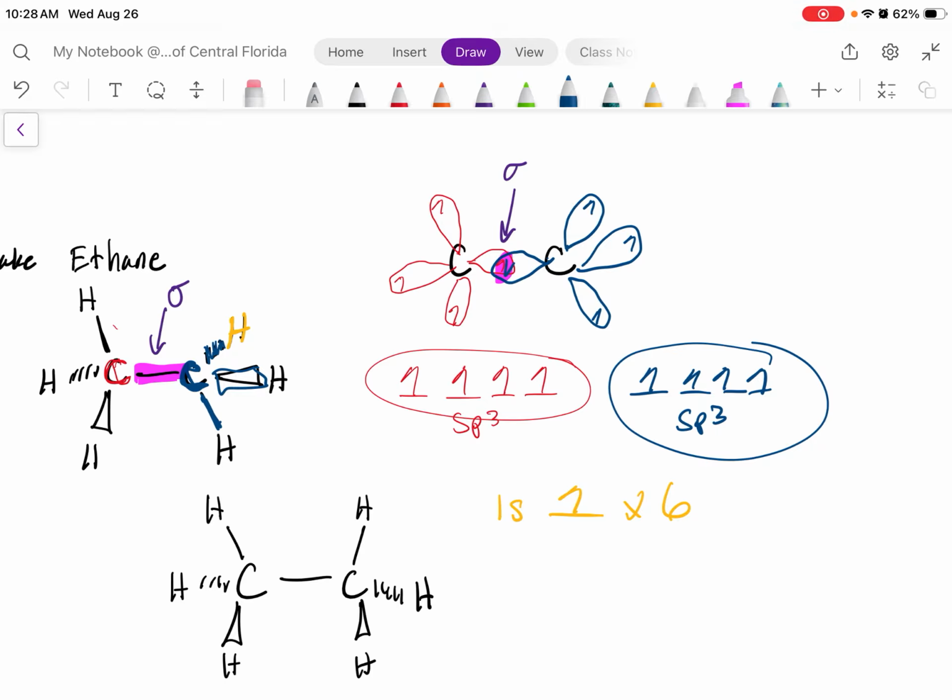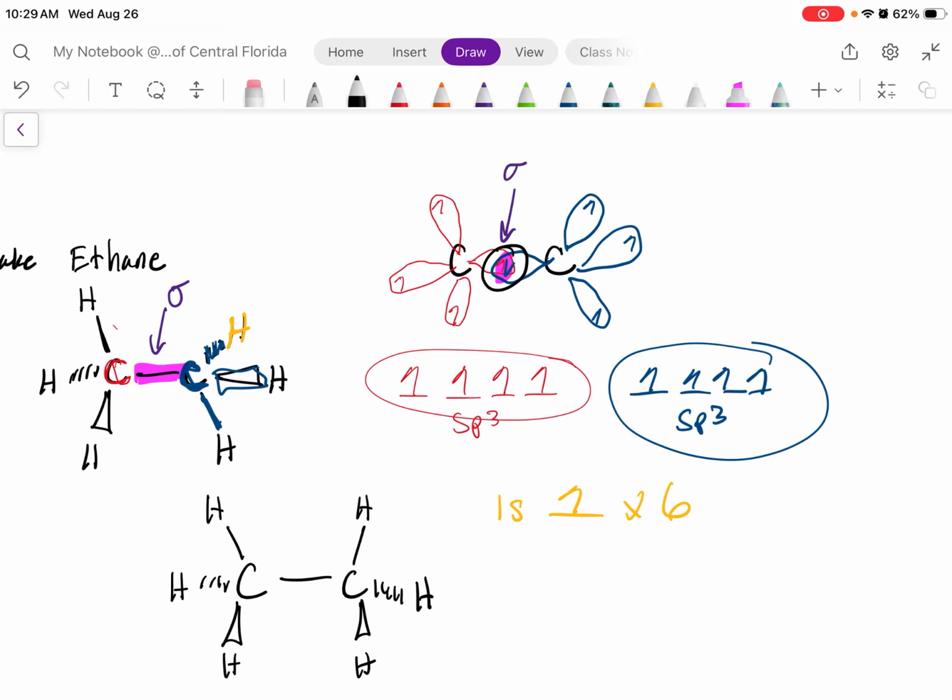Now, that pink overlap, or that sigma bond between the carbon-carbon, you can see that it's 2 orbitals, the red one and the blue one, with head-to-head overlap, interacting in constructive interference, giving us our bond. Now we have hydrogens, and what I'm going to do is keep track of the electrons here.